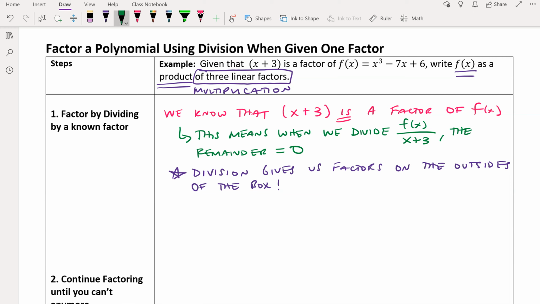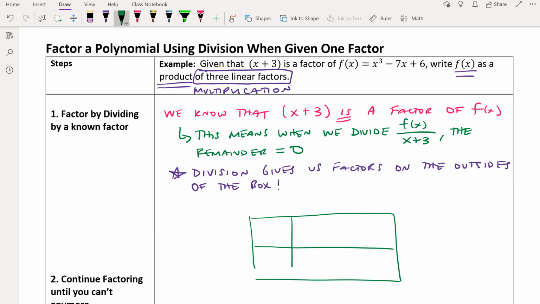I'm going to draw this in green. Okay. So we're drawing our box. Remember, I don't stress about the number of squares. Don't need to stress about that. Okay. So division gives us factors. Factors go on the outside. Well, what is a factor that we know? We know that x plus 3 is a factor.